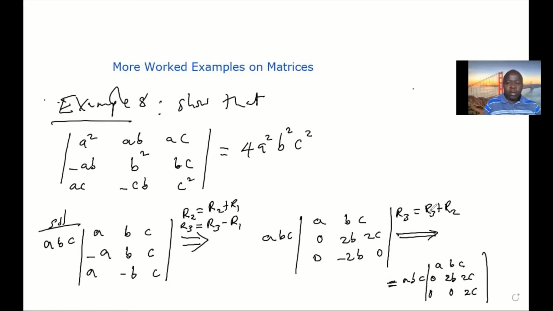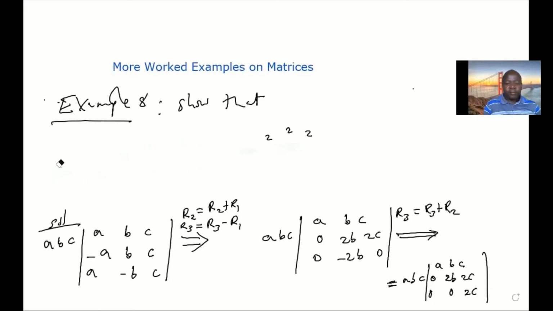So let me create some space so that we can finish our work for this question. We already have ABC outside. The determinant of this matrix is A times 2B times 2C, which is 4ABC.